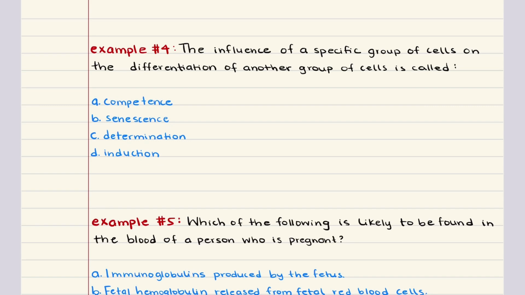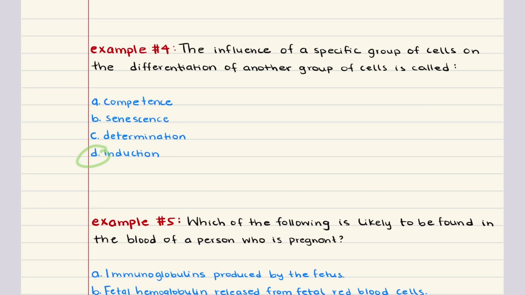So, for example, during neurulation, the notochord, which is formed from the mesoderm, releases signals that instruct the overlying ectoderm to become neural tissue. That's induction in action. It's not just about giving cells a push. It's about directing them towards a specific developmental path. So the correct answer here is D.